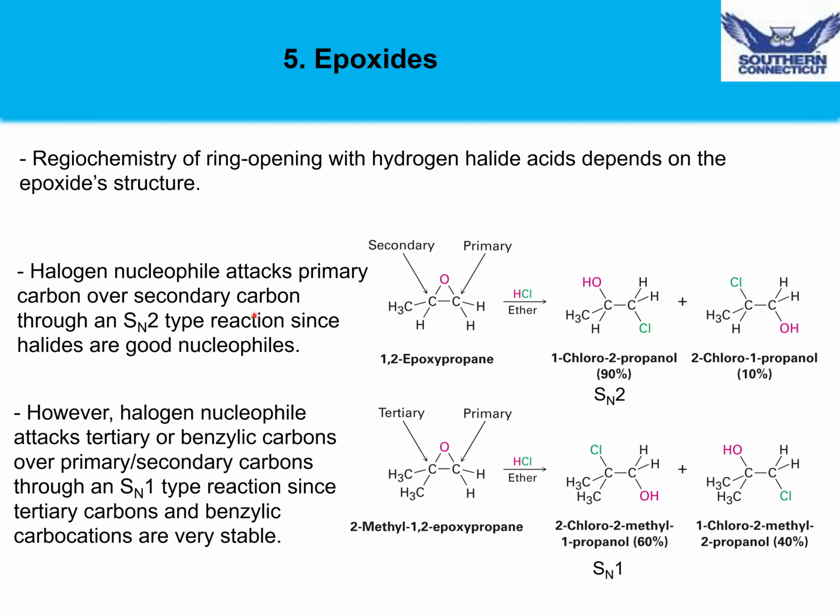For the addition of hydrogen halides to unsymmetrical epoxides, the reaction will change depending on the exact substitution around the carbons of the epoxide. For example, if we have a primary and a secondary carbon, like shown in this first example, the chlorine of HCl will generally add to the least substituted carbon through an SN2 type reaction, giving us this as a product.